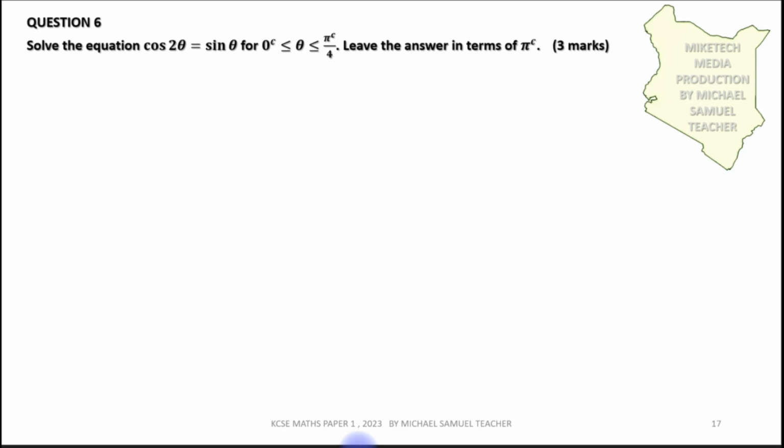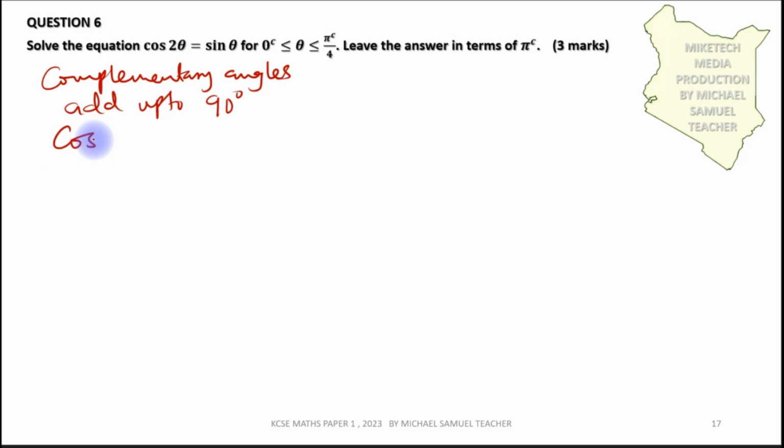So in this situation, I want you to remember about complementary angles. We say there are angles that add up to 90 degrees. Therefore, cosine 2 theta is equal to sine theta. So here we have complementary angles.